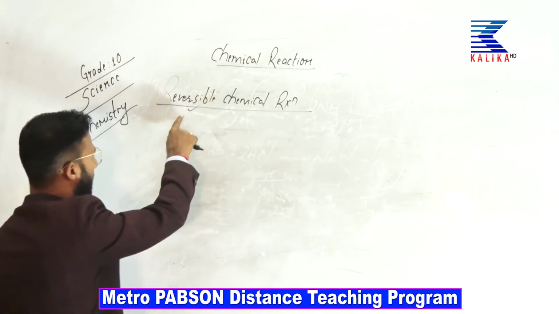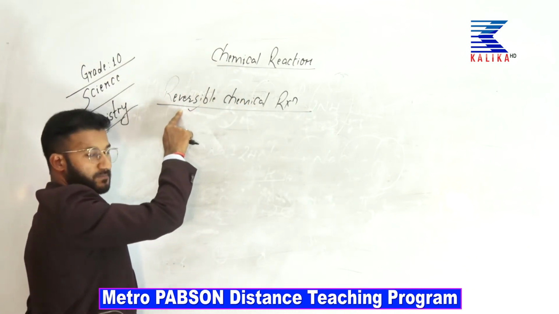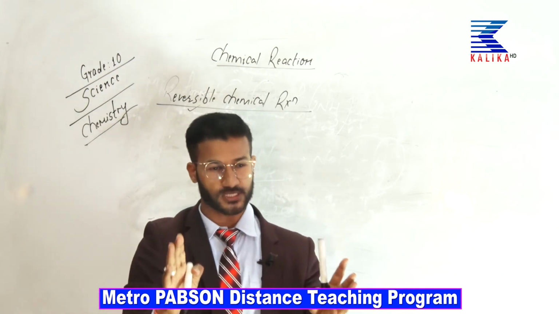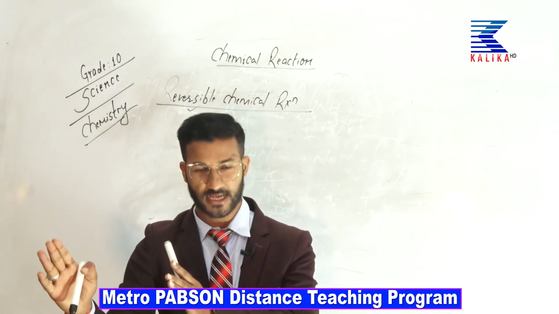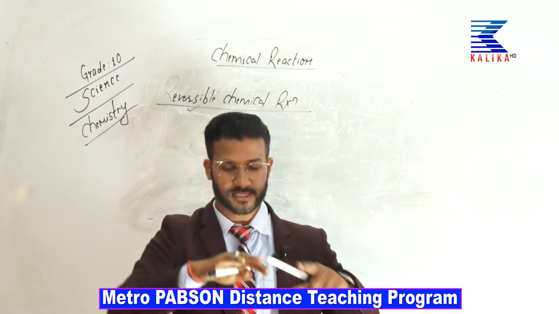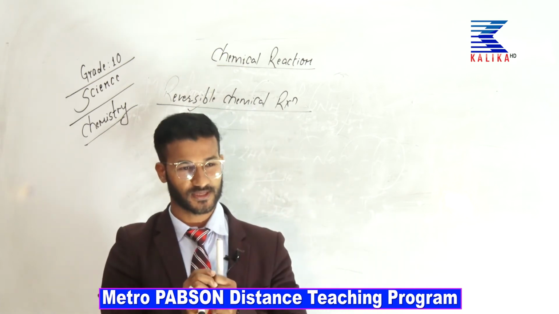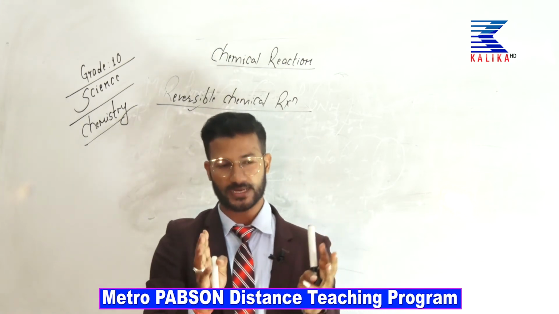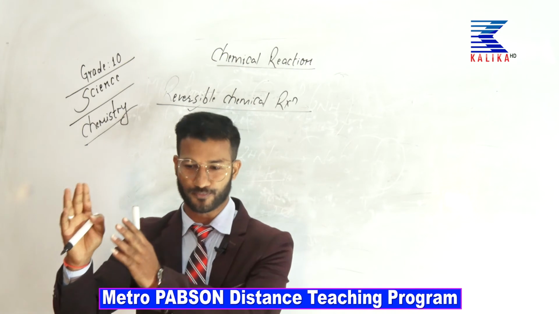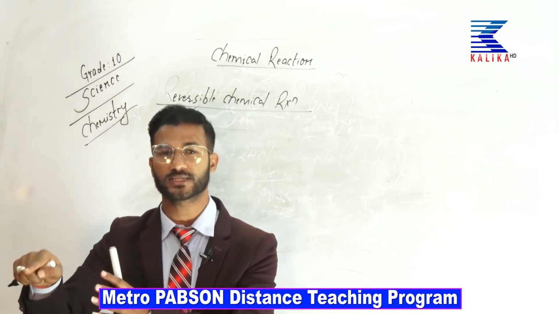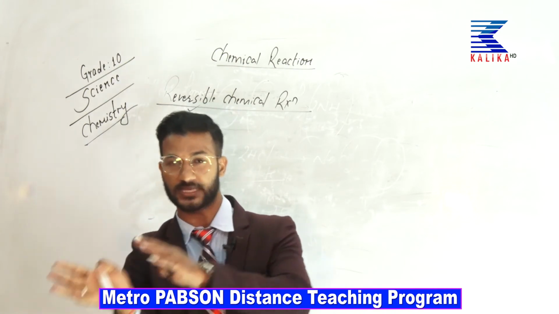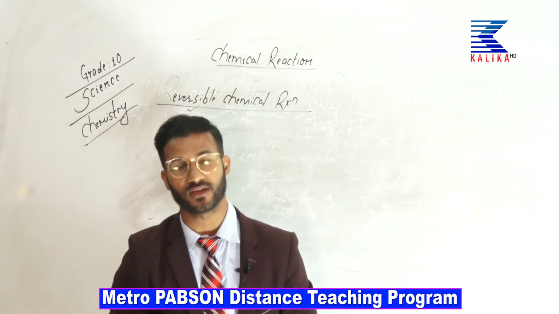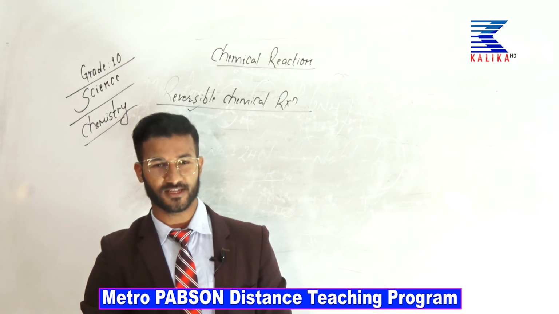Look, I think this word is enough to make you understand in an easier way. Reversible means which occurs forward as well as backward. The type of chemical reaction which takes place in both directions. I mean to say, when reactants combine together to form a product, the product also possesses an ability to break down back into the reactant molecules. This is what we call a reversible chemical reaction.